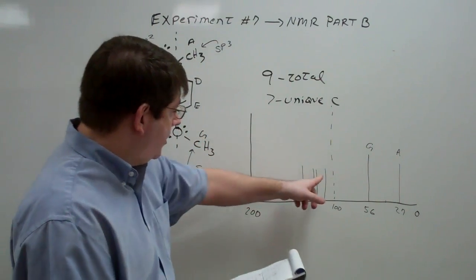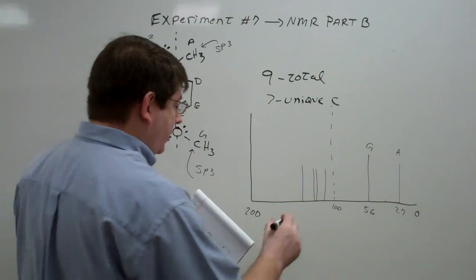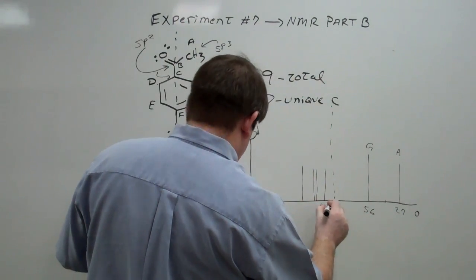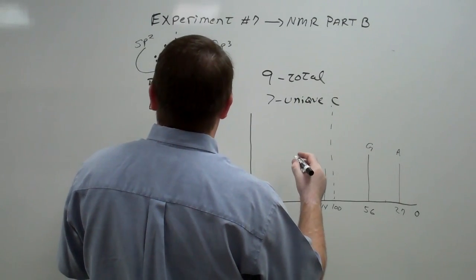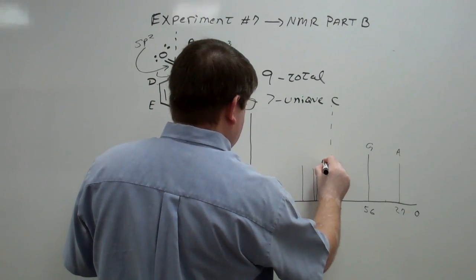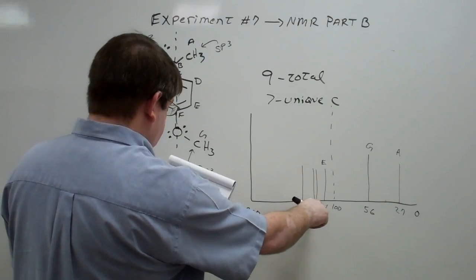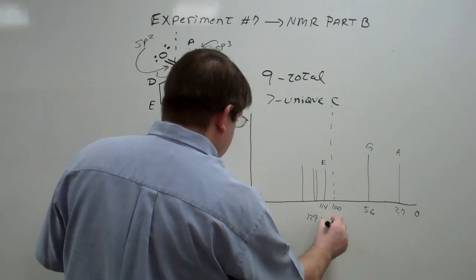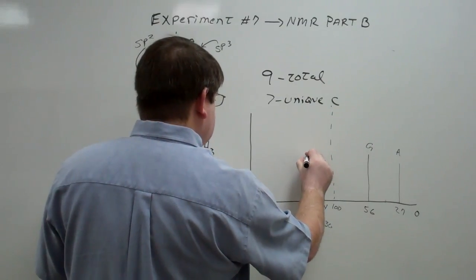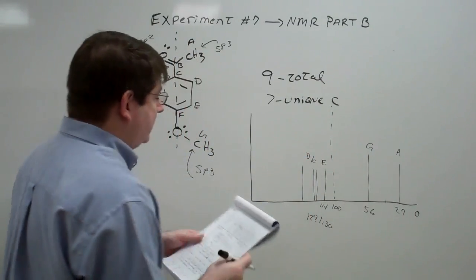So the one here at about 114 is signal E. These 2 signals here that are at about 129 and 130, these are D and C. I'm just going to put D over C here.